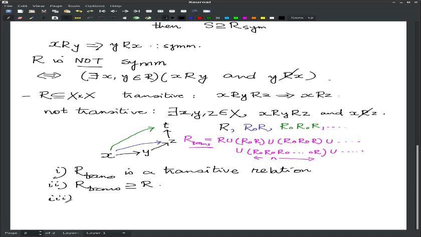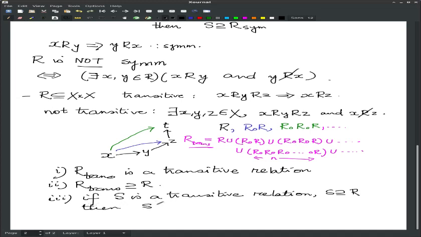And finally, you have to show that if S is a transitive relation containing R, then S contains R trans. So that says that R trans is the smallest one.